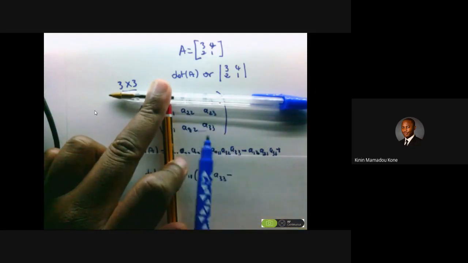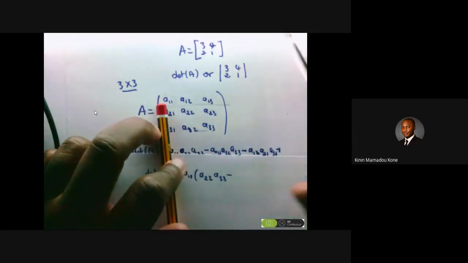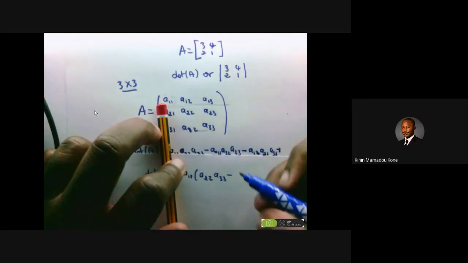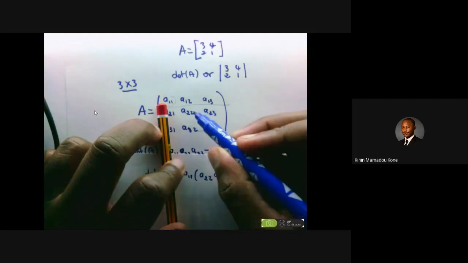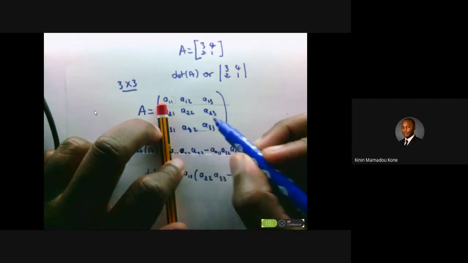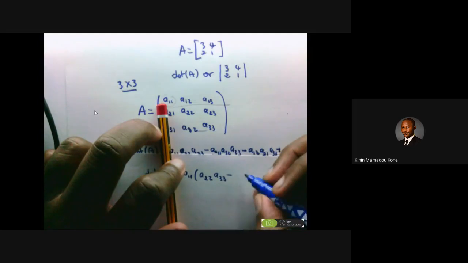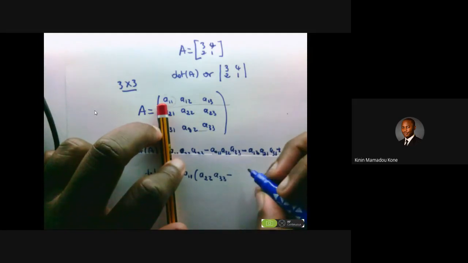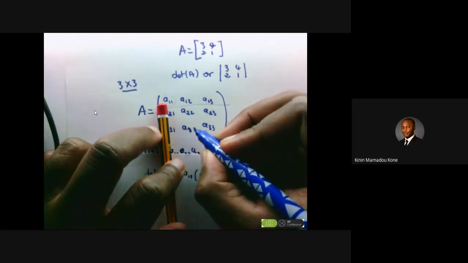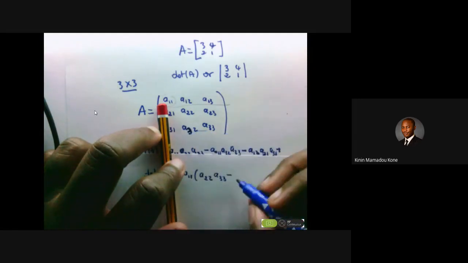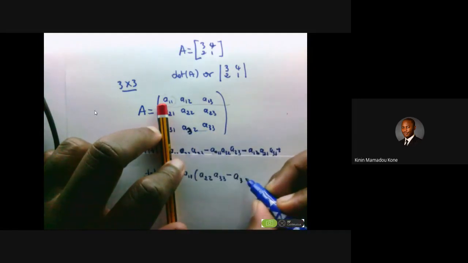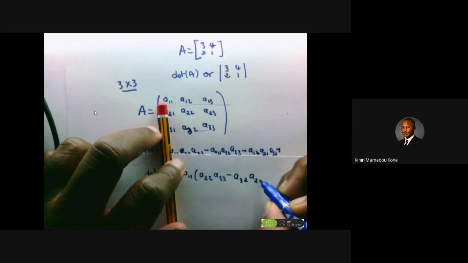So if I take this one times this one minus this one times that one, I obtain the following: this one times this one, and then minus that one, minus A, here there's a 3, so A32 times A23.